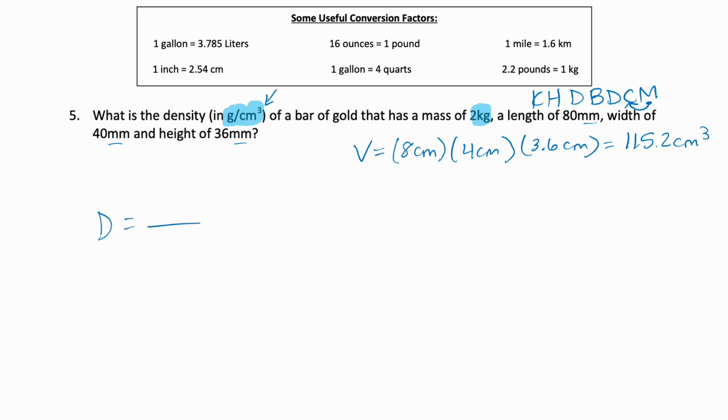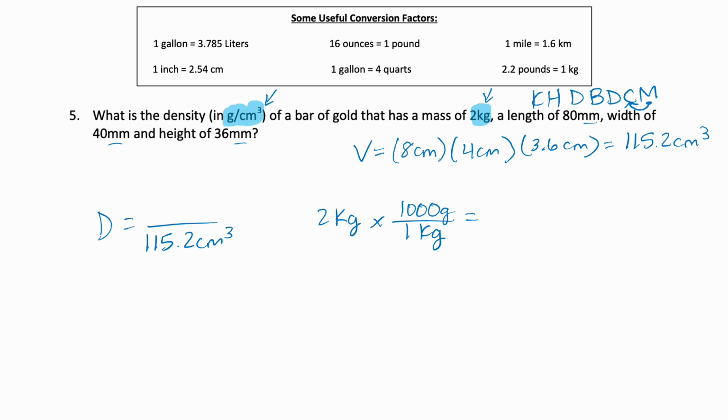And now let's go ahead and try to solve for density. So density is going to be grams, we have kilograms right now, over centimeters cubed, which we just solved for. So now we need to convert 2 kilograms into grams. And we know that in 1 kilogram, we have 1,000 grams.